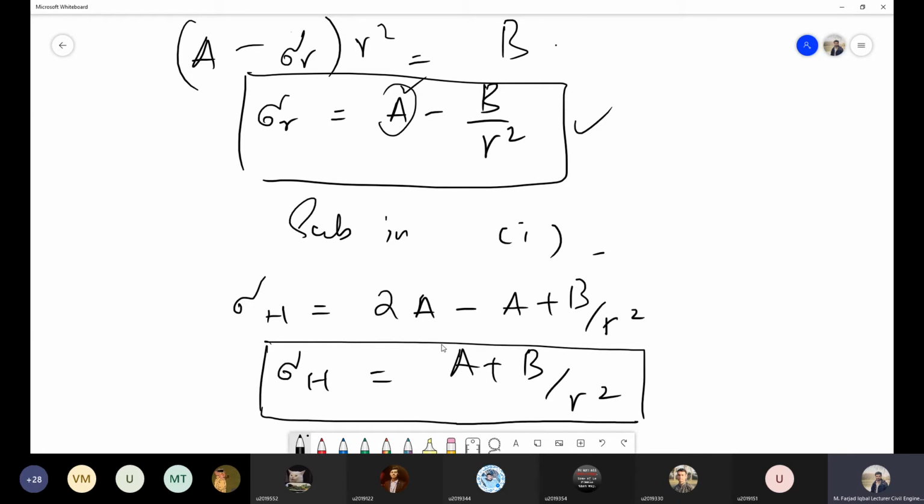Obviously that procedure is also correct, and you will get an understanding of how you can apply the boundary condition once you solve these problems. But for now, for this course, we are going to simplify these two equations so that we have one final equation, and we simply substitute that equation into our question to get the final answer.